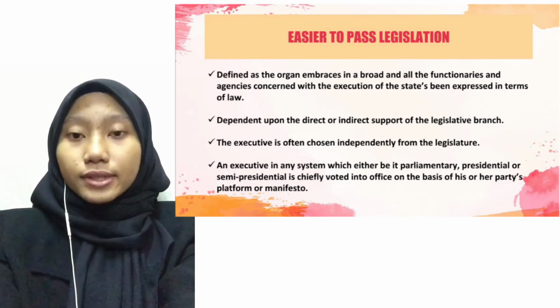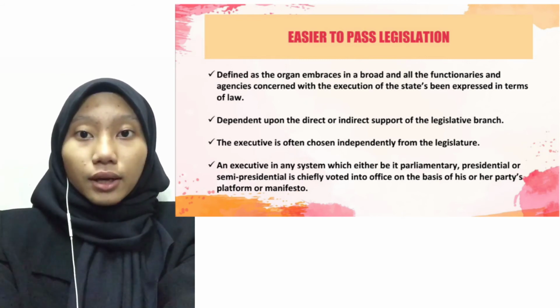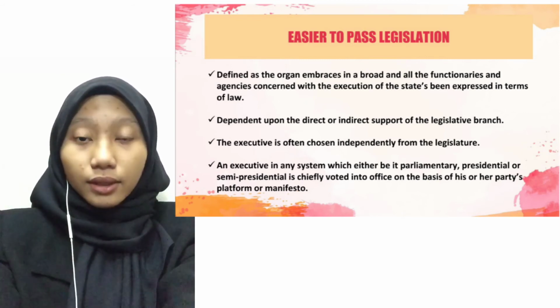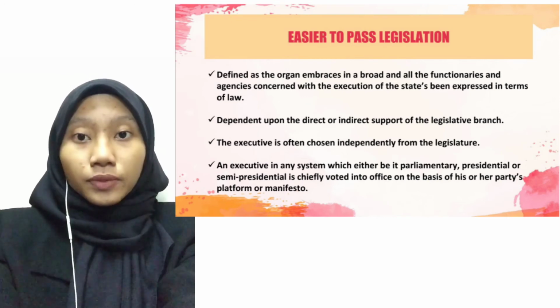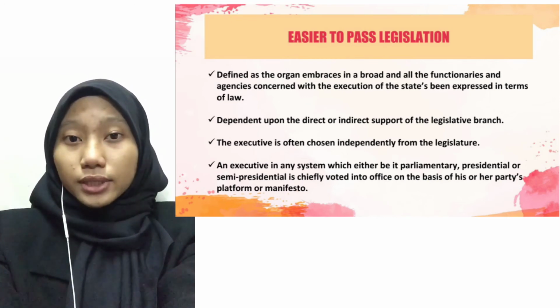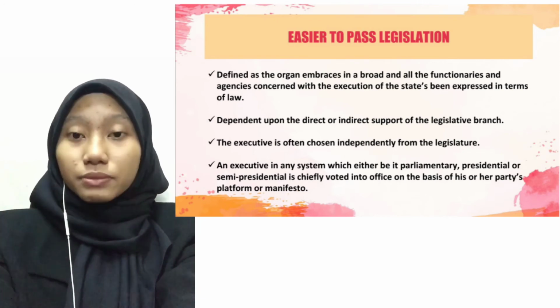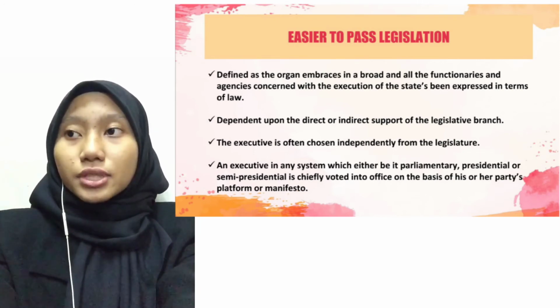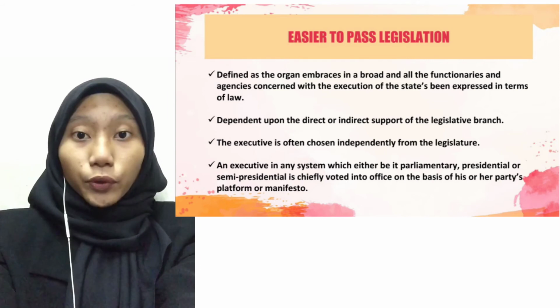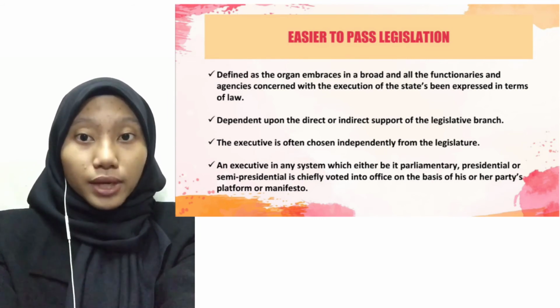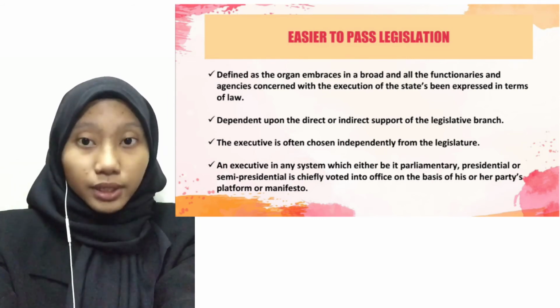Other than that, a presidential system might not be able to properly implement its manifesto. The productive aspect of government is the cornerstone of the parliamentary system. For example, in Malaysia, the Yang di-Pertuan Agong is the most powerful executive in the federal government.